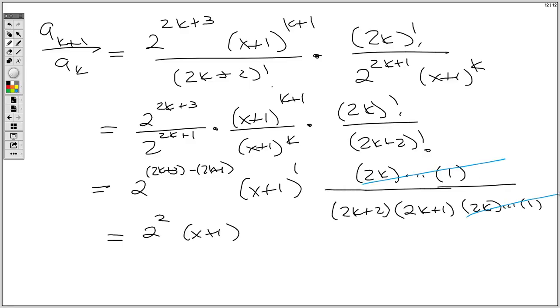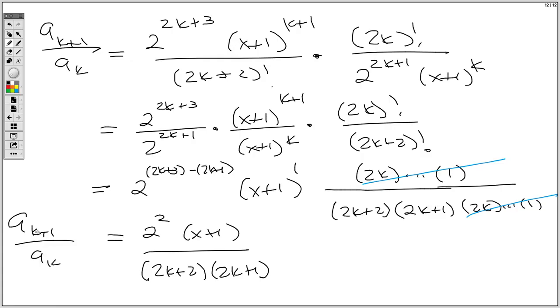All of these will cancel, and I'm left with a denominator of 2k plus 2 times 2k plus 1. So that's our ratio for the ratio test. Any questions on simplifying the exponents or the factorials there?